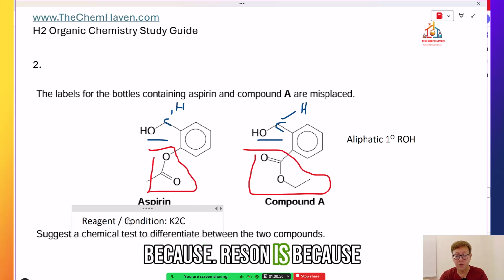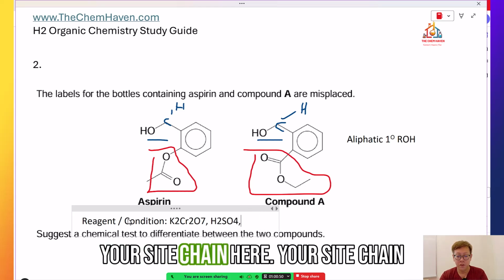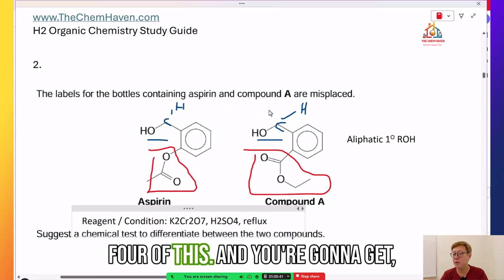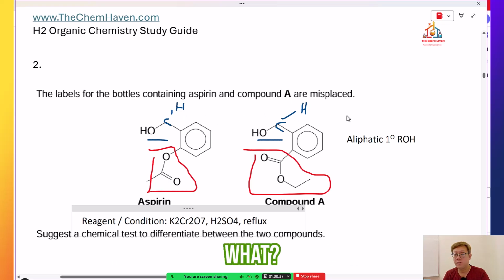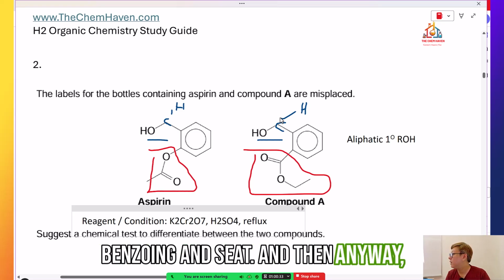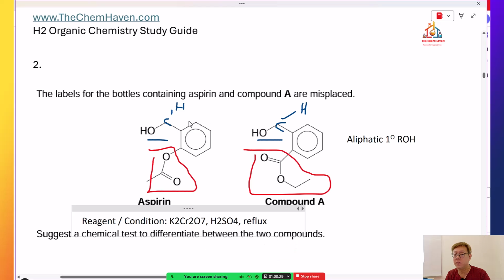Reason is because your side chain here, both of them have the H. So if you use KMnO4, you will just cleave off both of this and you're gonna get what? Benzoic acid. Understand? Anyway, you are not going to cleave off, but you are just going to oxidize both of these to COOH.